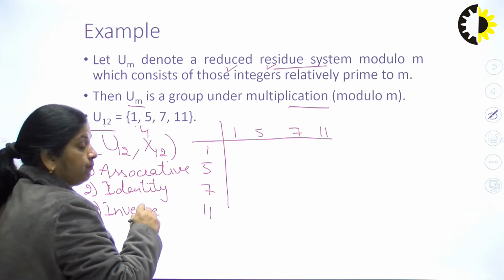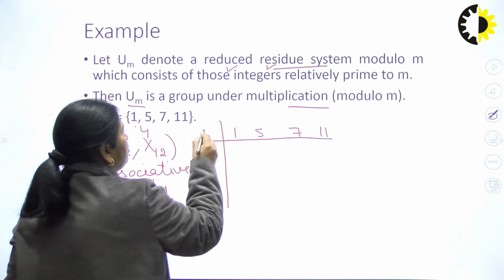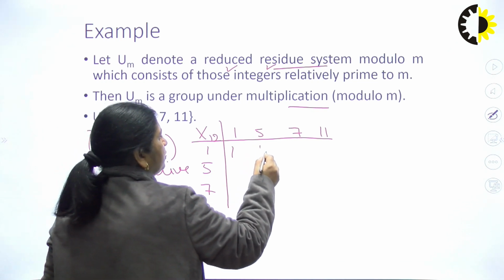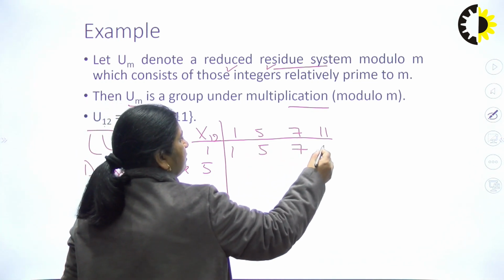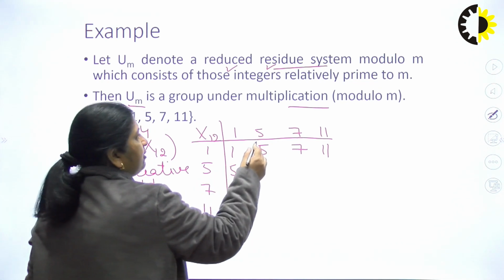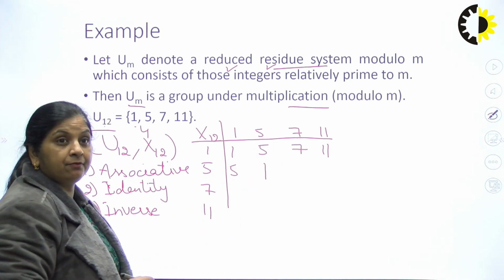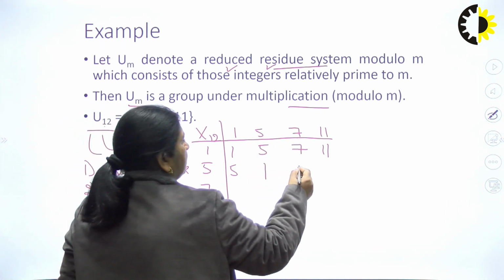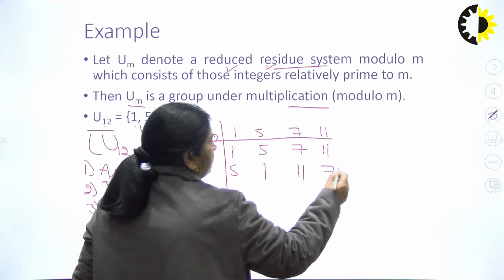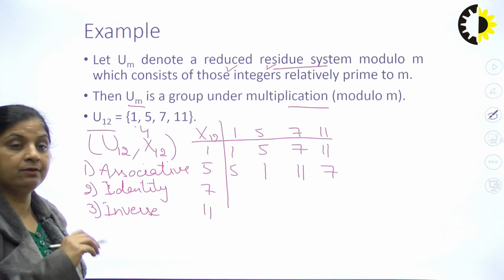Modulo multiplication, and M here is 12. So, 1 into 1 is 1, modulo 12, 1. 1 into 5, modulo 12, 5. 7, 11. Same way, 5 times 5 is 25, modulo 12 is 1. 5 times 7 is 35, modulo 12 is 11. 5 times 11 is 55, modulo 12 is 7.